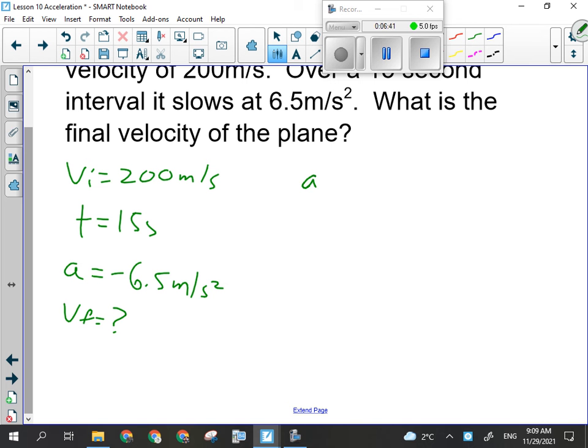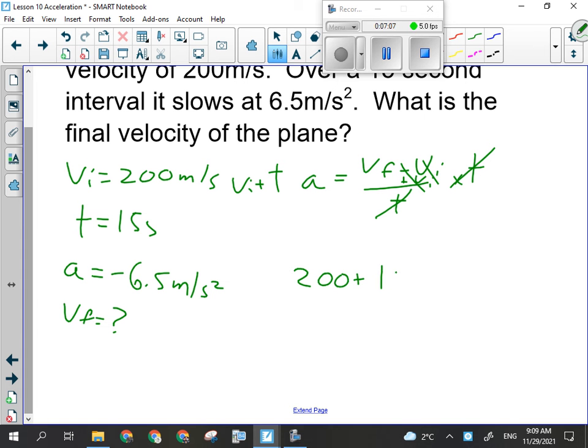So we've got a equals vf minus vi over t, and we're looking for vf. According to the rules of algebra, I move what's not attached, t, first, multiplying, which is doing the opposite. So t comes over here, and then I would add vi to both sides. Now I'm solving for vf. So I would have 200 plus 15 times negative 6.5 equals vf.